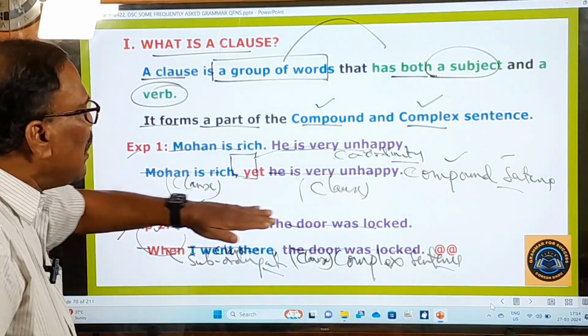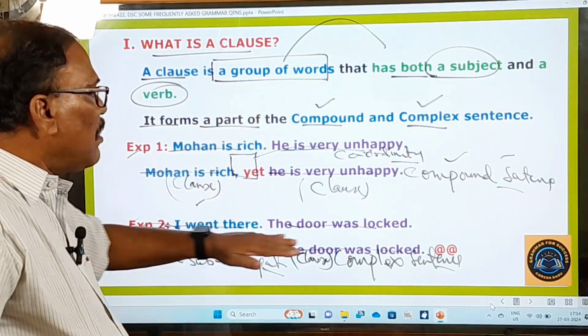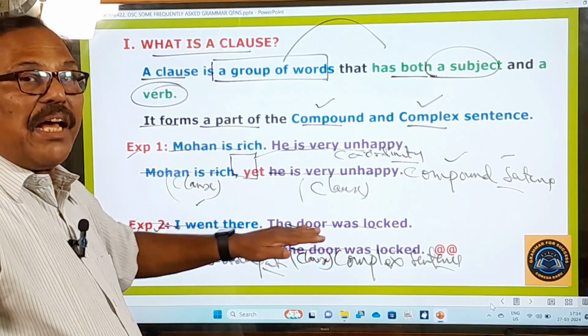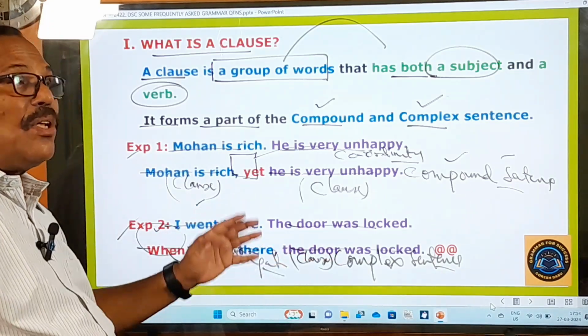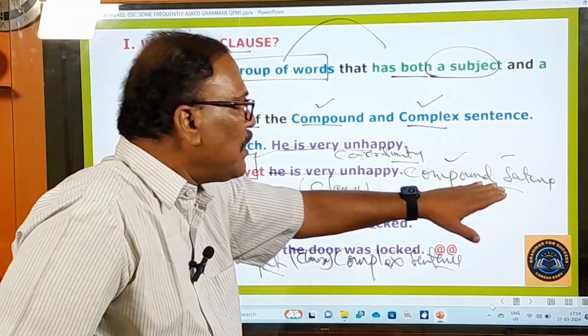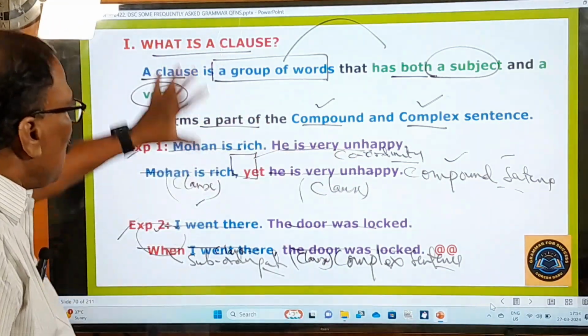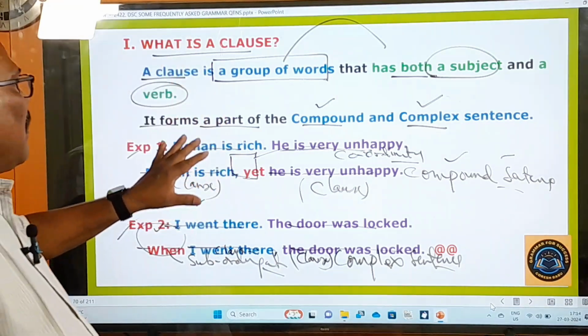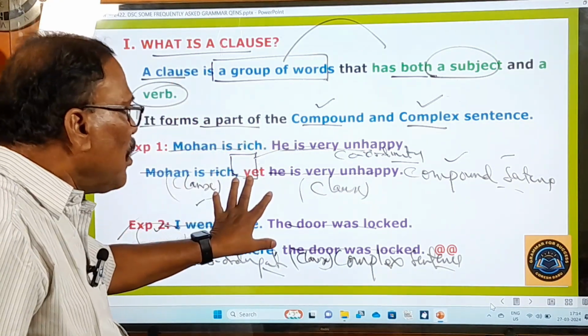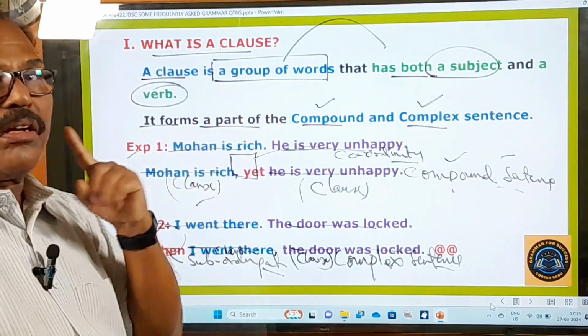So the sentences that were earlier simple and separate are now only clauses when they are brought into the pattern of compound and complex sentences. So from this you understand that when sentences are brought into the compound sentence pattern and the complex sentence pattern, then they are called clauses.